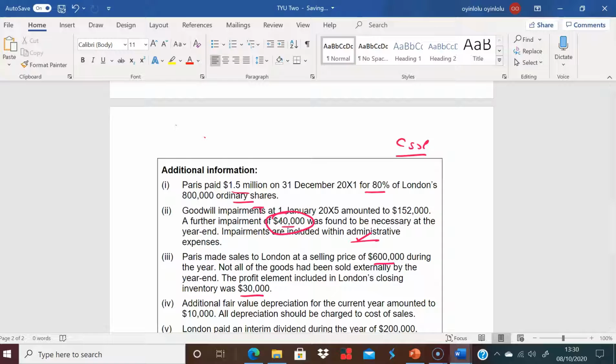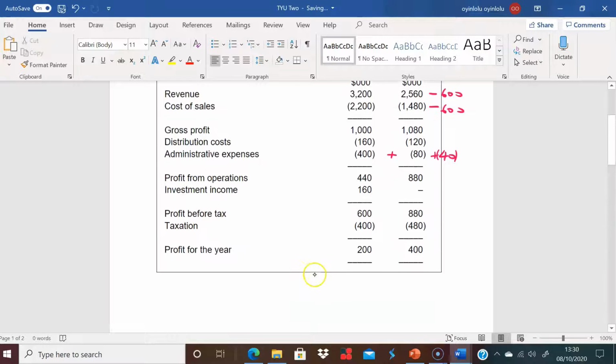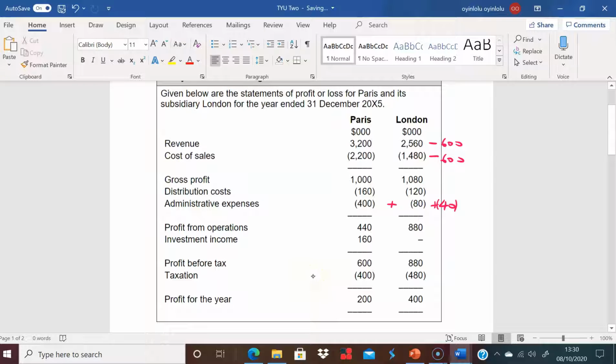So Paris made these sales, so the parent made the sales. So I literally have to add on 30 to the cost of sales, because that's the relationship with bringing down inventory. Cost of sales are going up by 30.